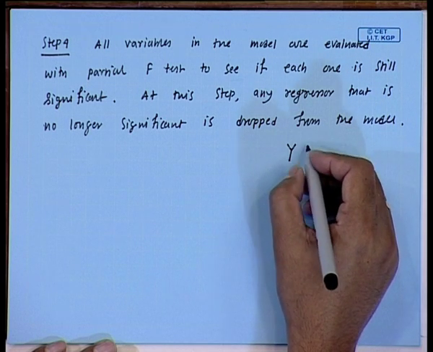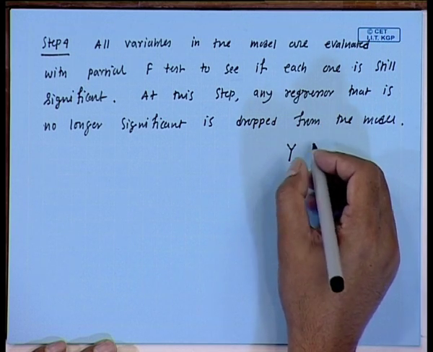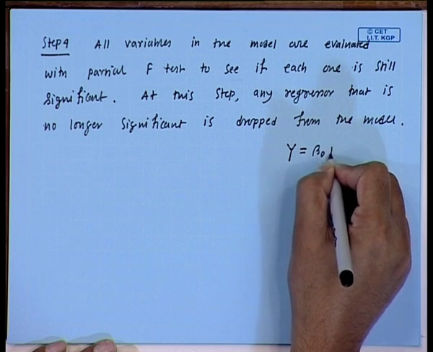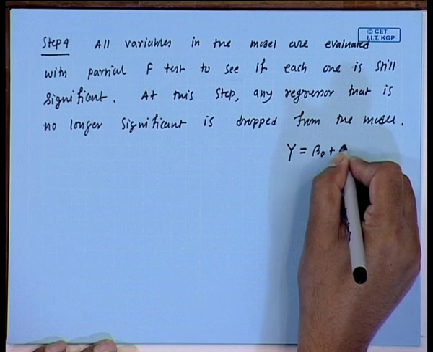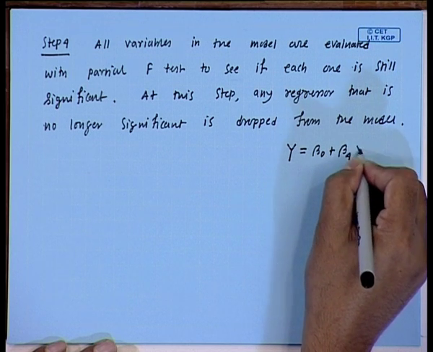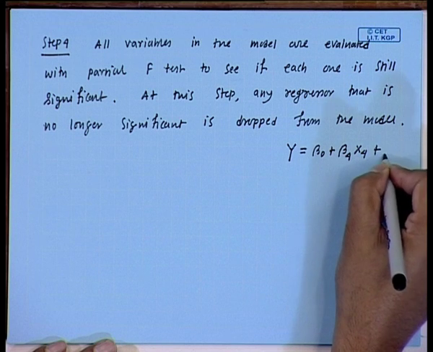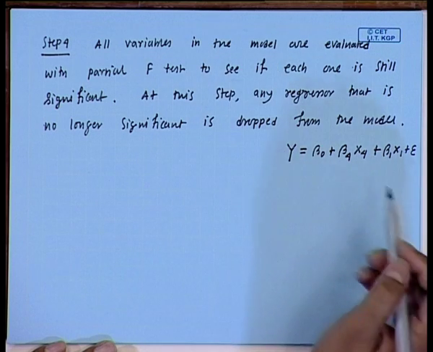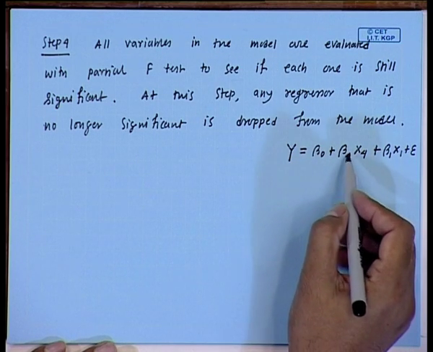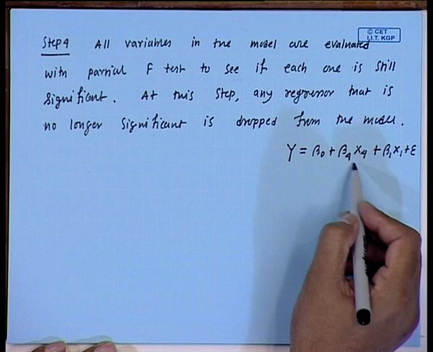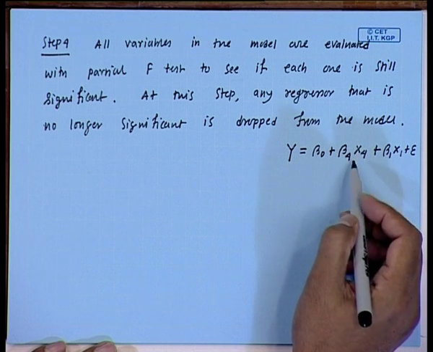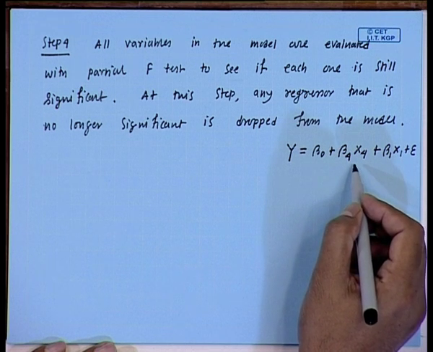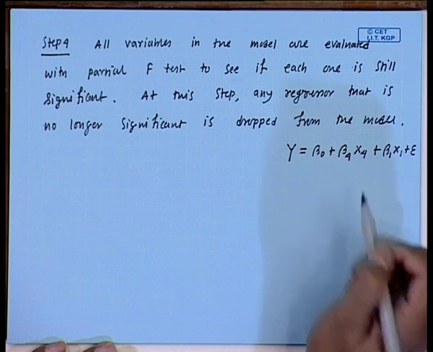So the model is y equals beta naught plus beta 4 x 4, and then we added beta 1 x 1 to the model. x 4 was significant alone when we considered the one-regressor model.